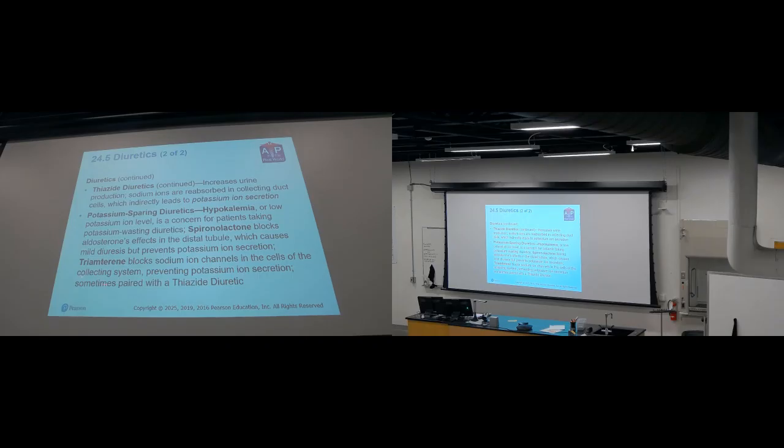Some, called triamterene, block channels in the cells of the collecting system. So not only in the loop but also in the collecting system you can have diuretics, and that prevents potassium ion secretion, and sometimes is paired with a thiazide diuretic.